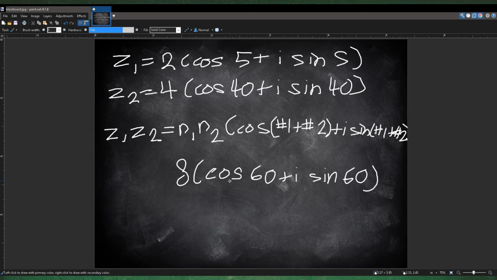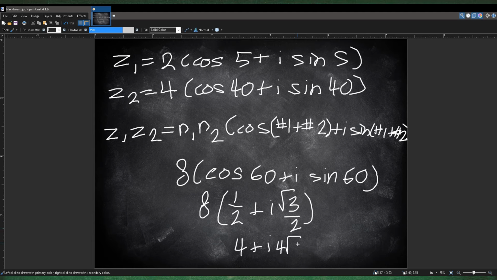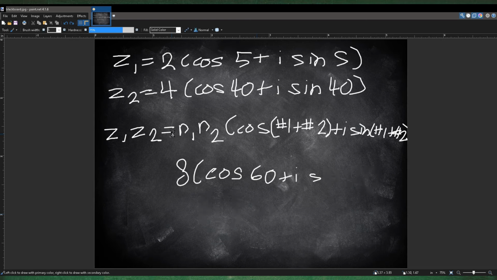So cosine of 60 is 1/2, and sine of 60 is square root 3 over 2. So this will get 4 plus i 4 square root 3, which is how you do it. So that's how you do products if you're multiplying two complex numbers.